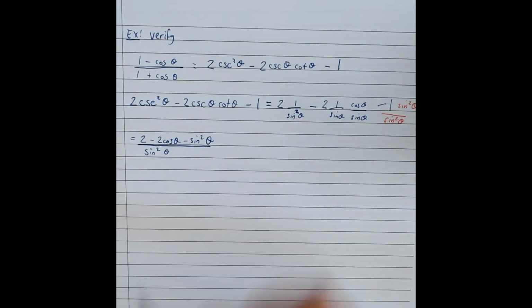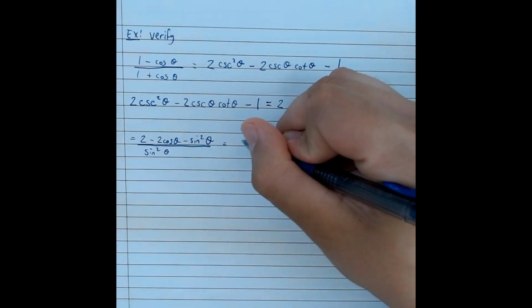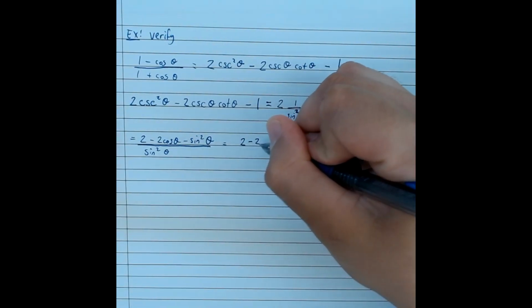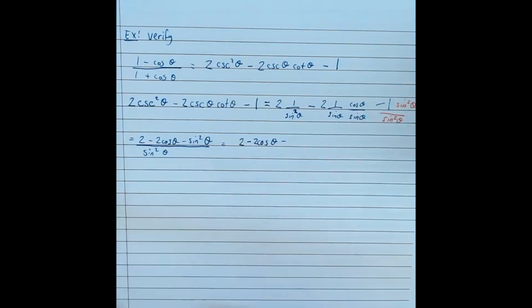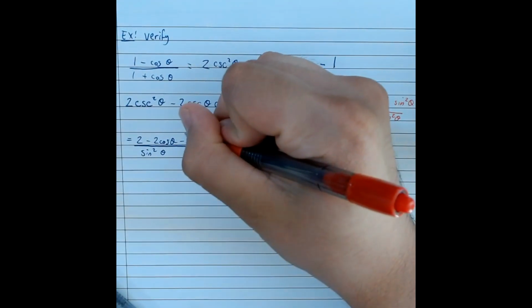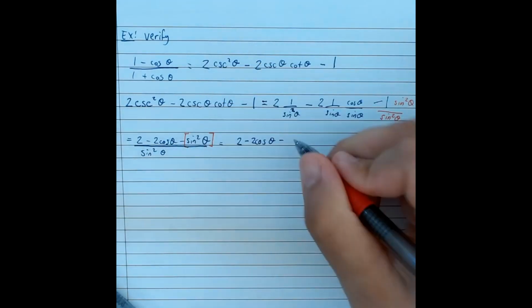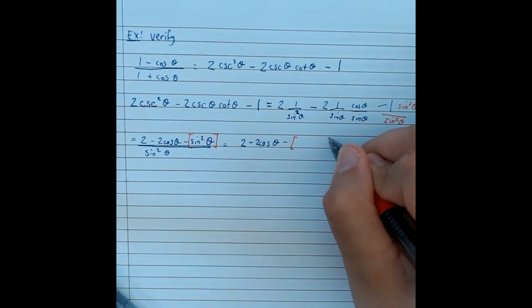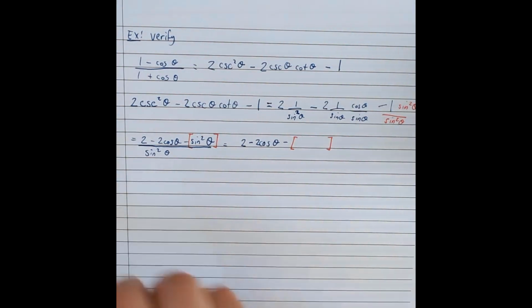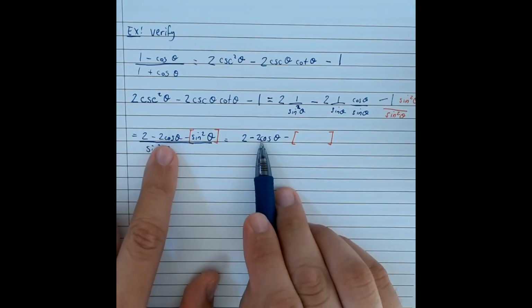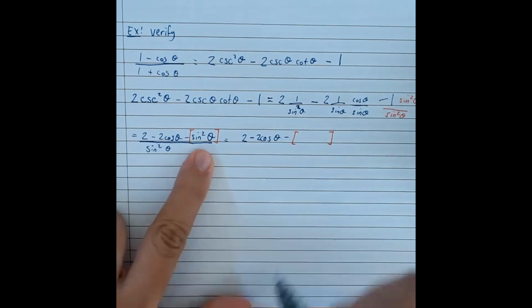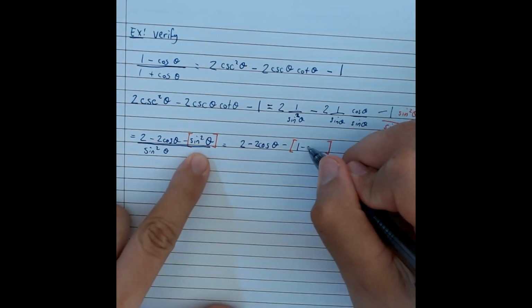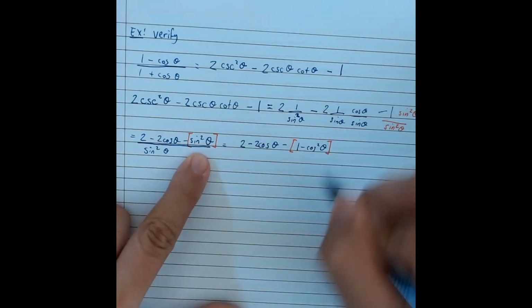I can use a Pythagorean identity. I can say the following. 2 minus 2 cosine of theta minus, and now this sine squared of theta stays the same, minus, but now this, by the Pythagorean identity, is 1 minus cosine squared of theta.